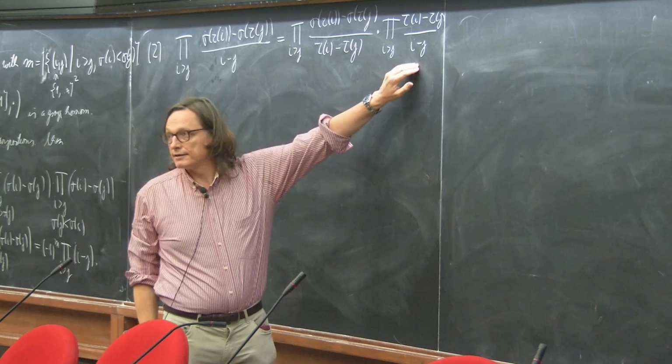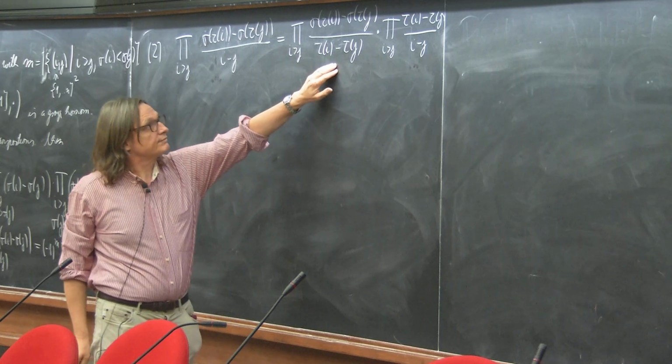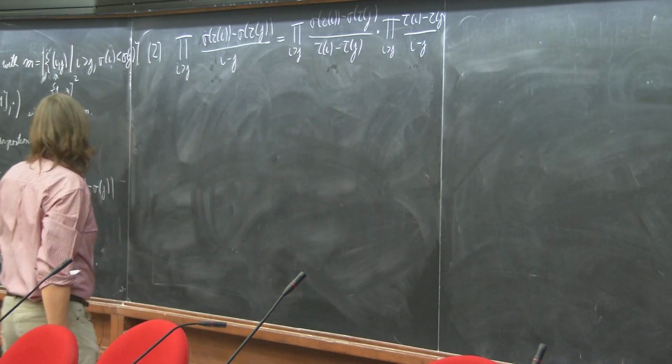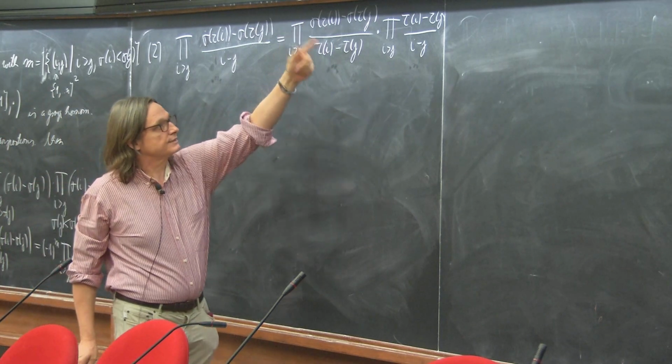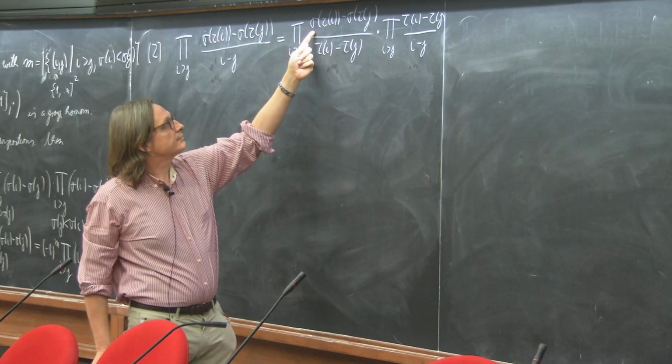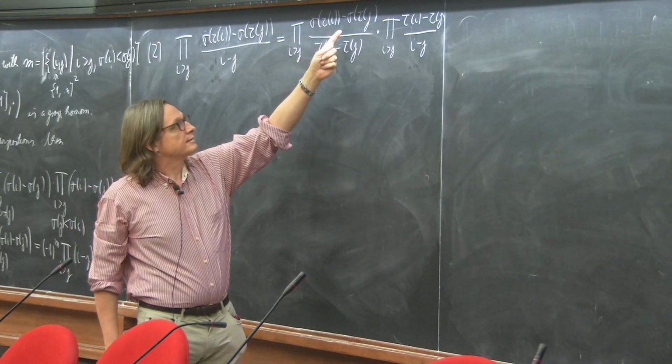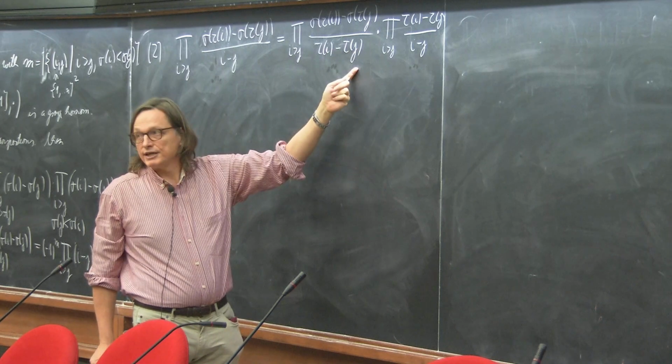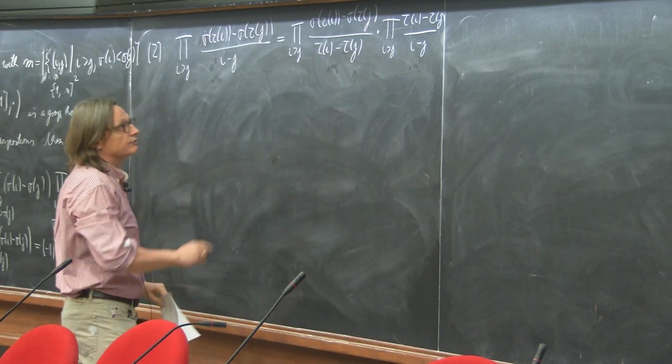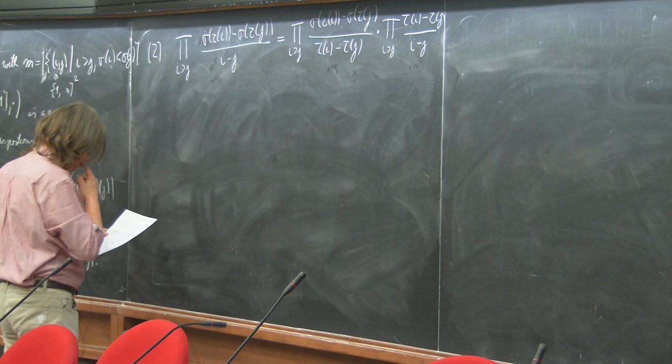So this is already the thing for tau, but the other one looks a bit different from what we want. Now, if we want this to be the product of the corresponding things for sigma and tau, we should have here sigma of tau of i minus sigma of tau of j divided by i minus j. So it's not quite the right thing, so we have to look at this a bit better.